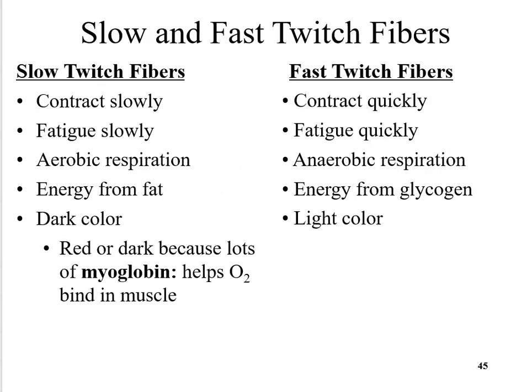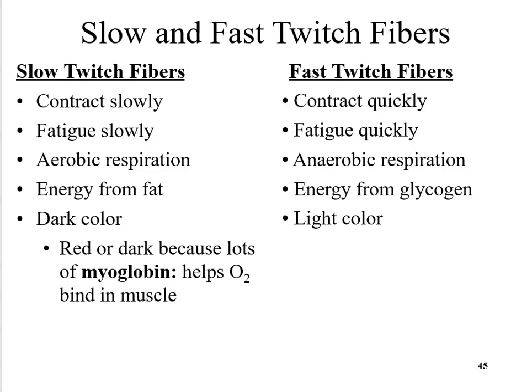Muscle fibers are not one size fits all. We have two basic types that differ in structure and function. Slow twitch fibers contract slowly, as the name suggests.